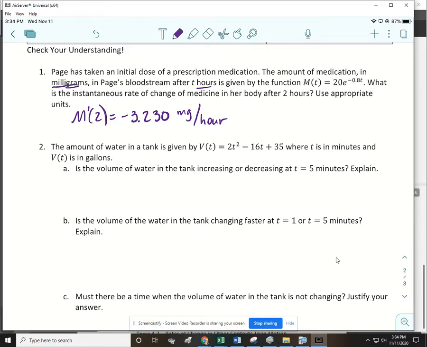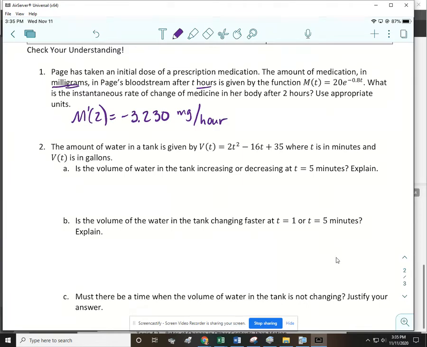All right, for example 2, the amount of water in a tank is given by that volume function, where T is in minutes and V of T is in gallons. Is the volume of water in the tank increasing or decreasing at 5 minutes? This is a polynomial, so we can do all of this without a calculator at all.